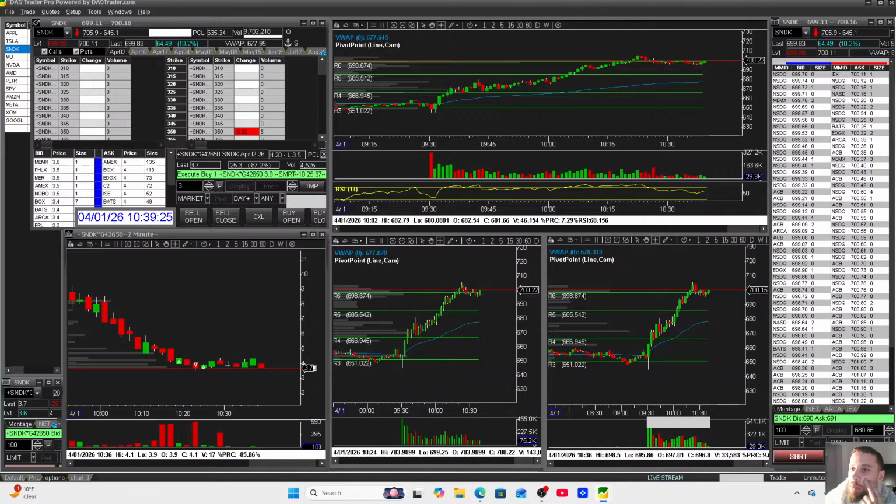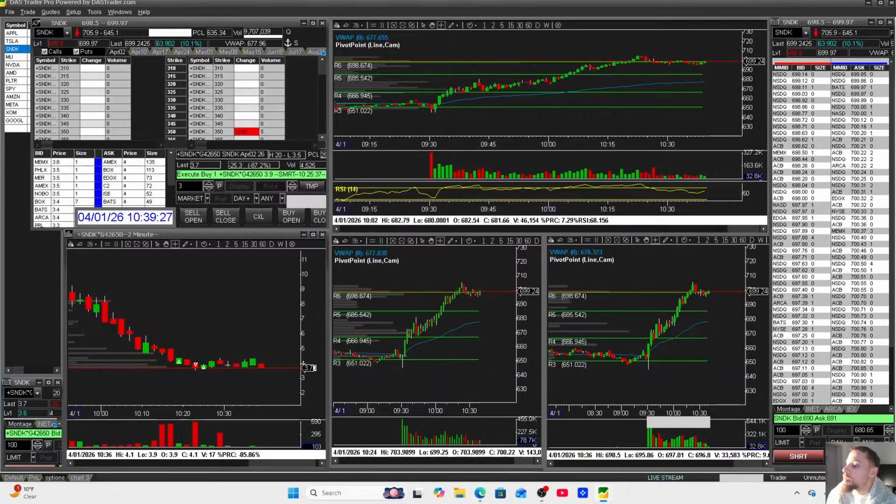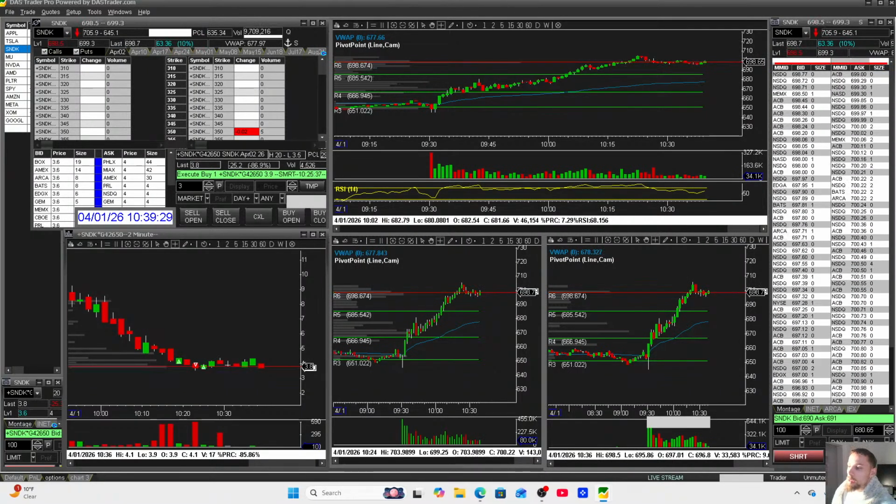Looks like it might squeeze here. There's definitely some volume coming in on SPY and Qs.